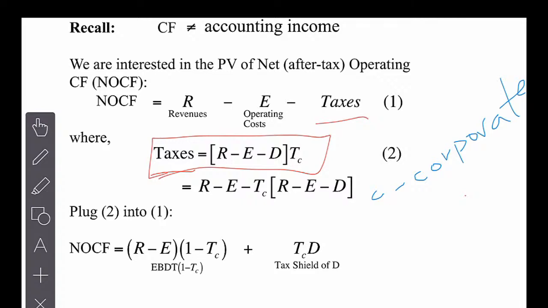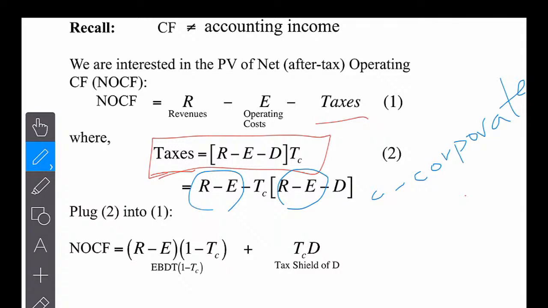We will group together net revenue, well, revenue minus expenses after tax. So I'm going to take these here and factor them out.